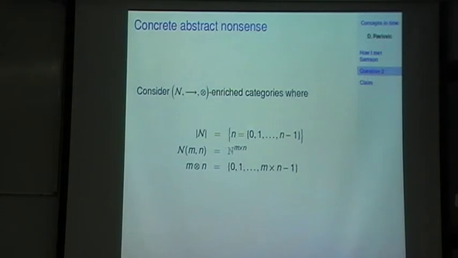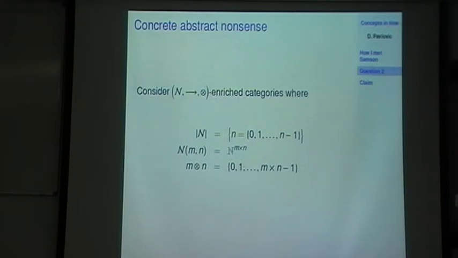So let's look at the categories which are enriched. So this category can be further from being a poset. And as Marcelo pointed out, this is the free category with biproducts over one generator. So it's the category which has natural numbers as objects, and it has matrices of natural numbers as morphisms, and we're looking at tensor as just the product of the numbers.